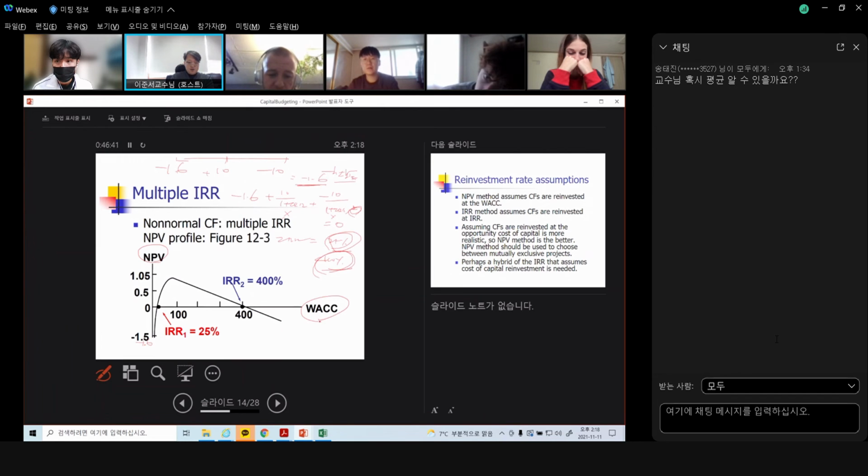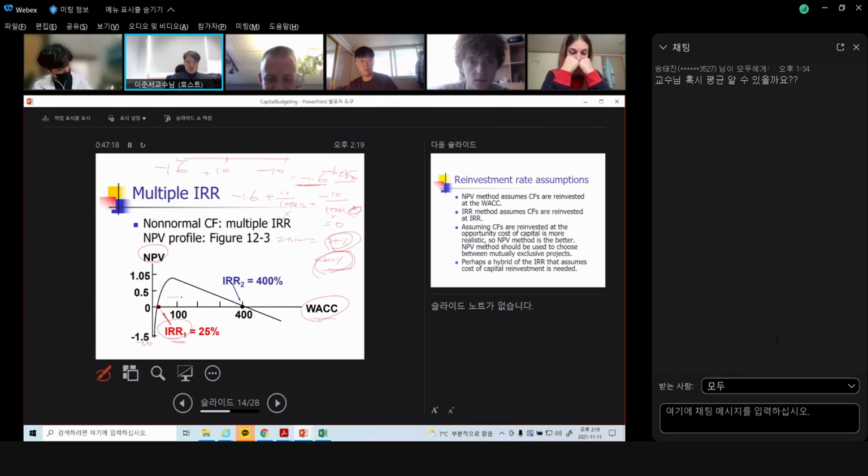As WACC increases, the NPV increases. We already defined the IRR as the discount rate that makes NPV equal to 0. So if the NPV touches the x-axis, that is the IRR.